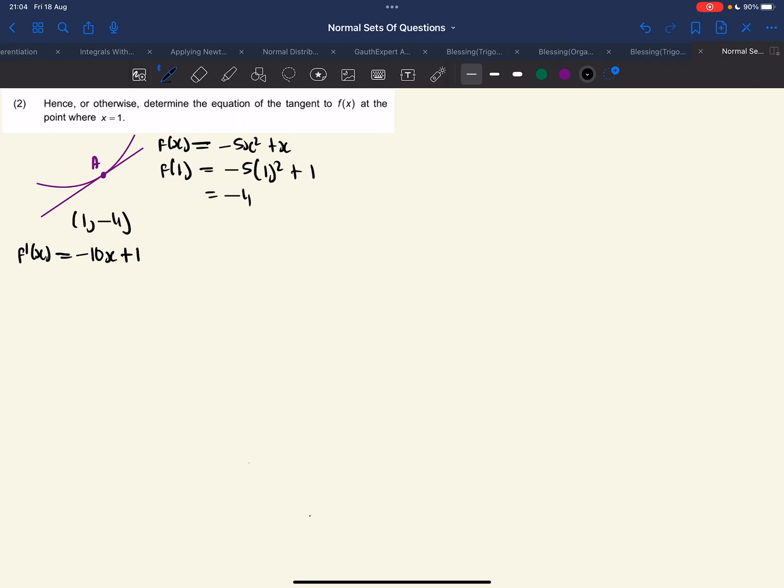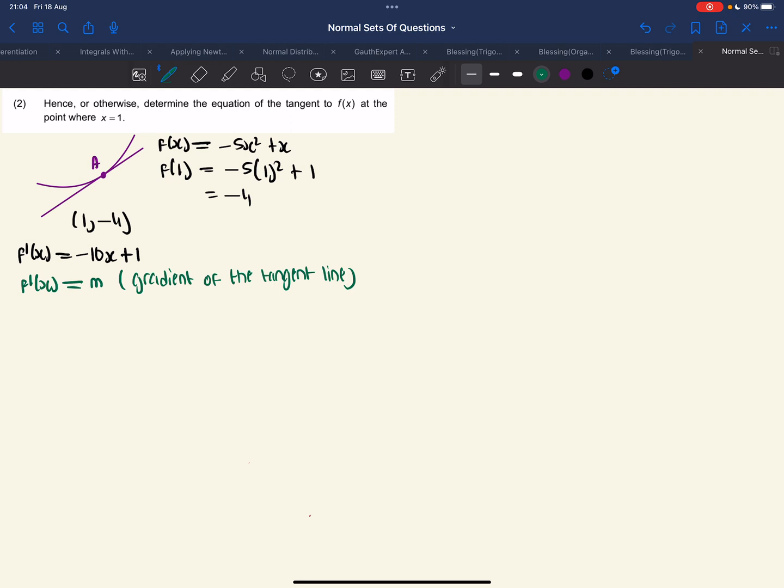And now we're trying to find the equation of the tangent. Now from school notes, you are given that f prime of x is going to give you m, which is the gradient of the tangent line, because the tangent line is a straight line.